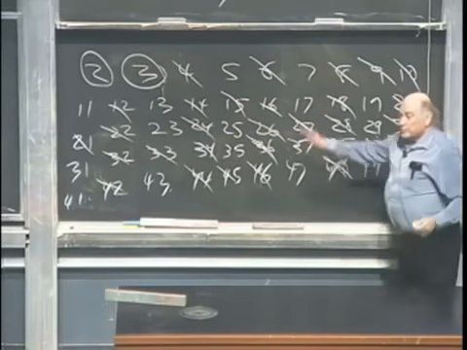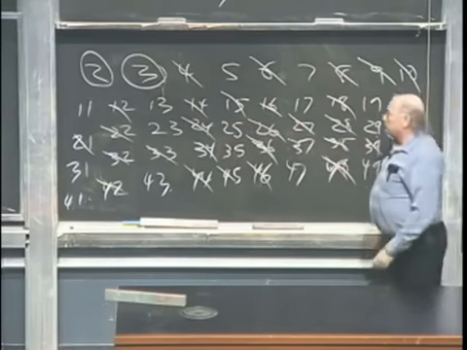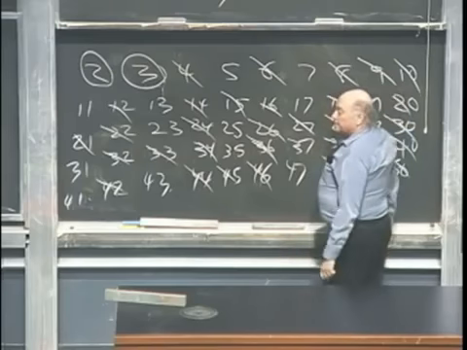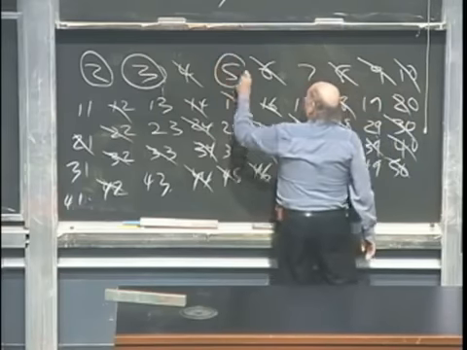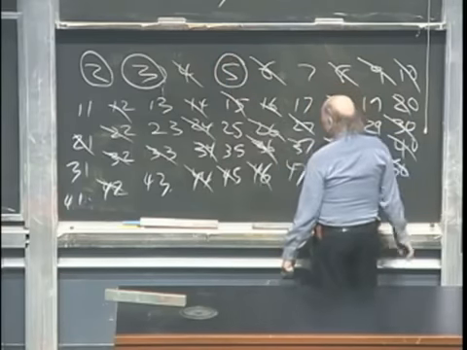Okay, some of them we crossed off twice. It doesn't matter. Okay, repeat. Find the first unmarked number. Circle it. It's prime. Cross off all its multiples.